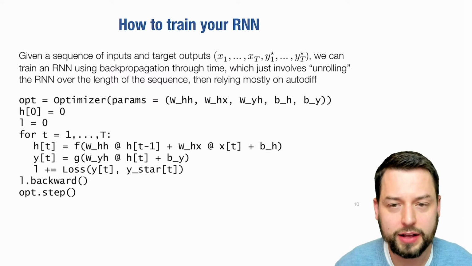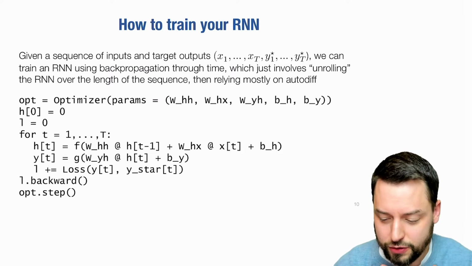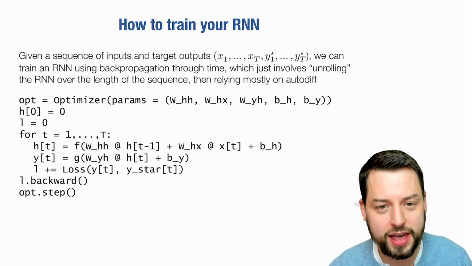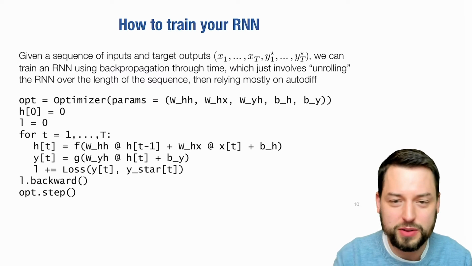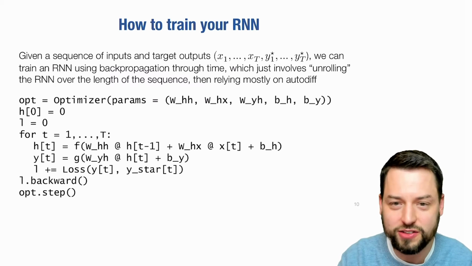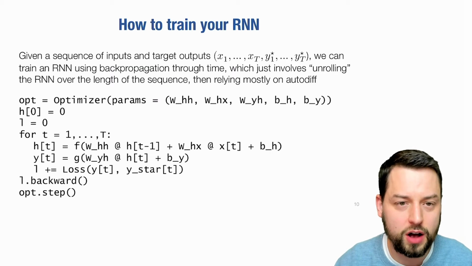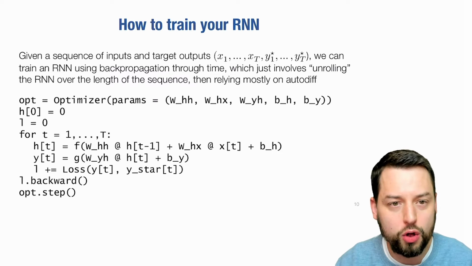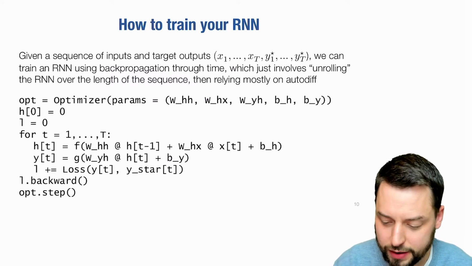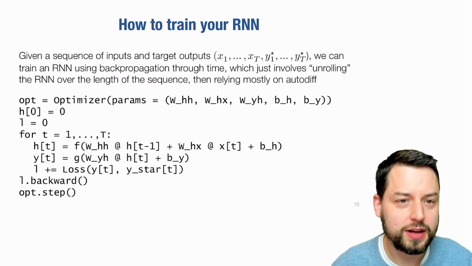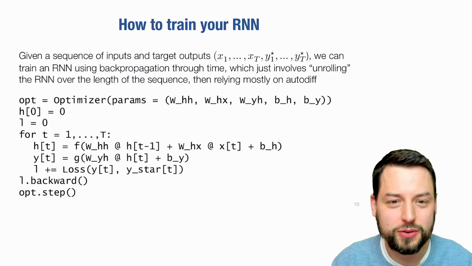Personally, I think it would be pretty challenging to derive by hand the gradients of some loss between my entire predicted sequence and this target sequence, with respect to all the relevant parameters of my network, namely all my weights and all my bias terms. But the good news about RNN training is that we don't need to worry about this.